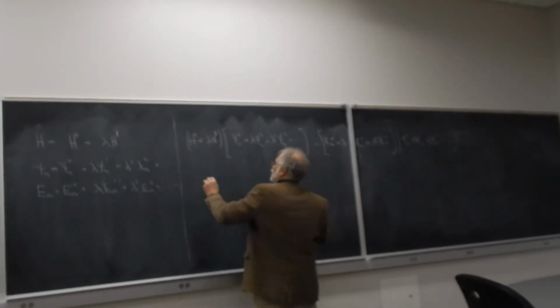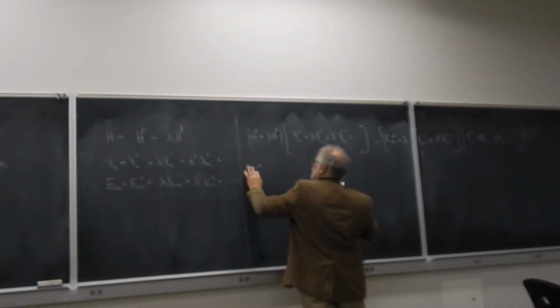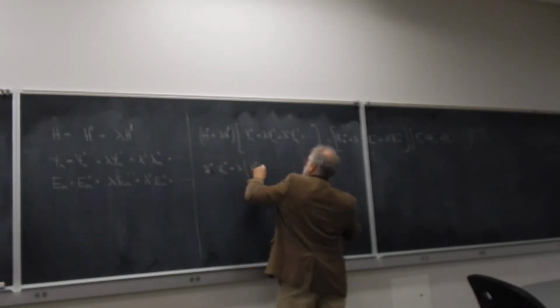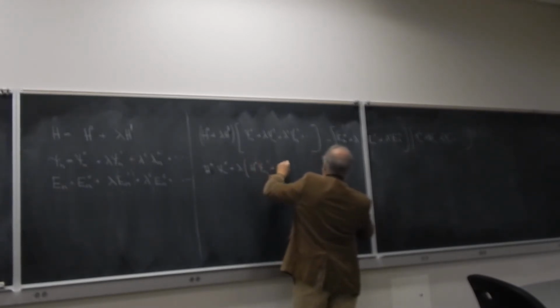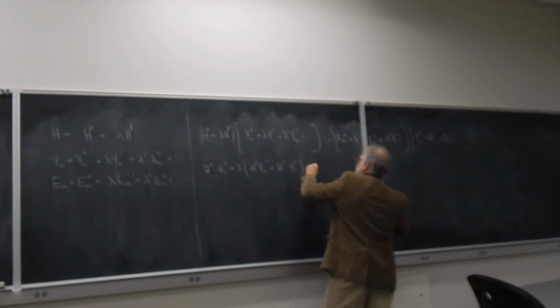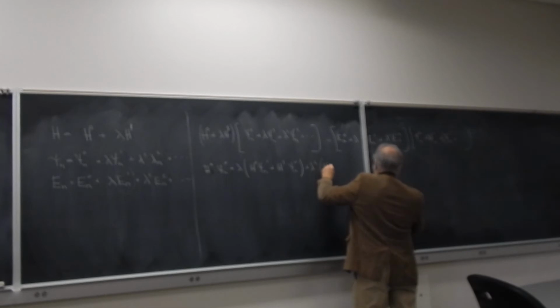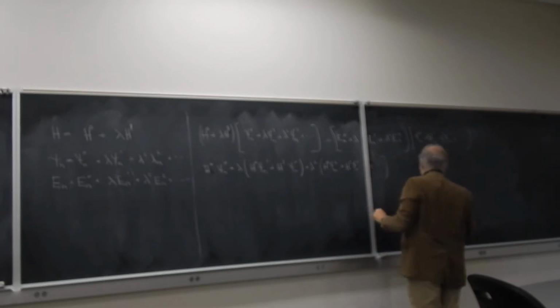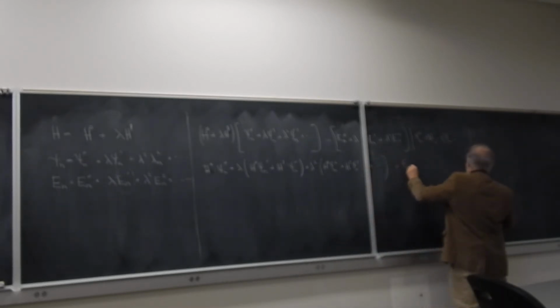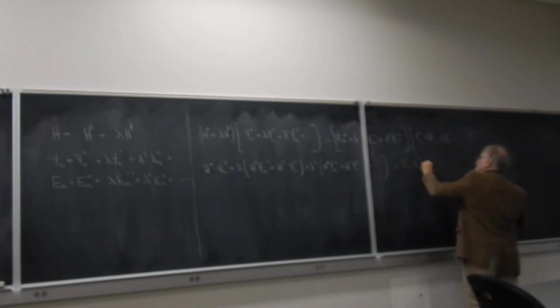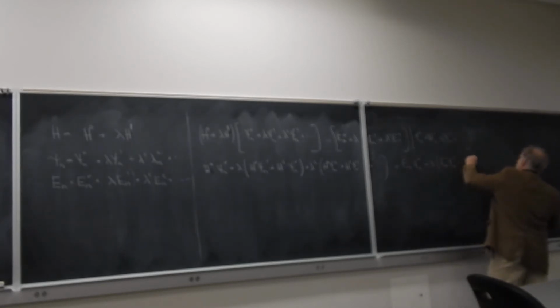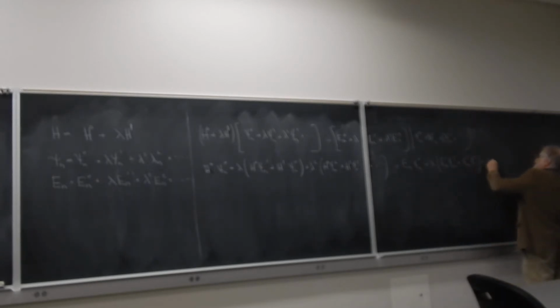And if we do that, we'll get H0 psi n0 plus lambda (H0 psi n1 plus H1 psi n0) plus lambda squared (H0 psi n2 plus H1 psi n1) plus ... equals En0 psi n0 plus lambda (En0 psi n1 plus En1 psi n0) plus lambda squared, and so on.